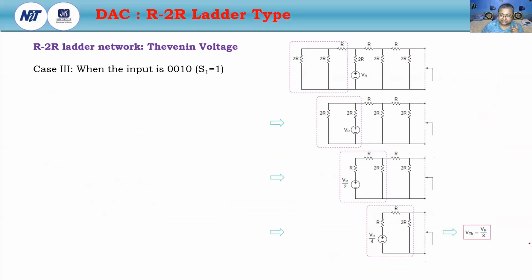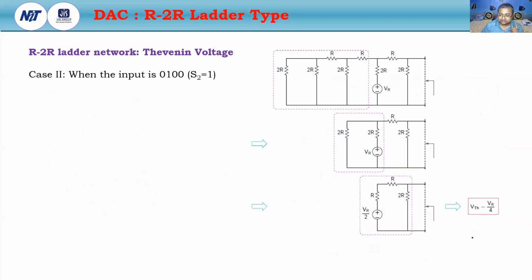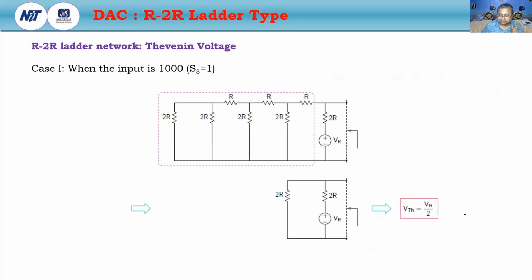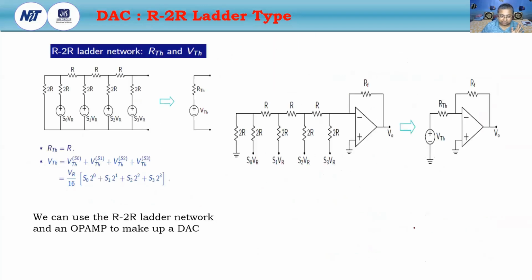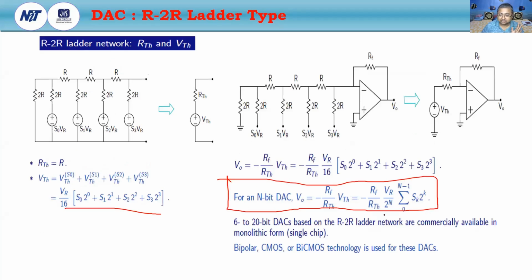You should calculate this Thevenin voltage, this Thevenin voltage, this Thevenin voltage, and when the LSB bit is 0, and when the LSB bit is 1, this Thevenin voltage. From there you will write this, and then you will get the general form for any n-bit DAC.